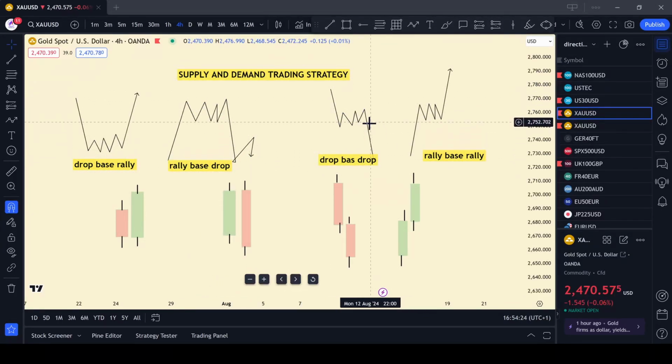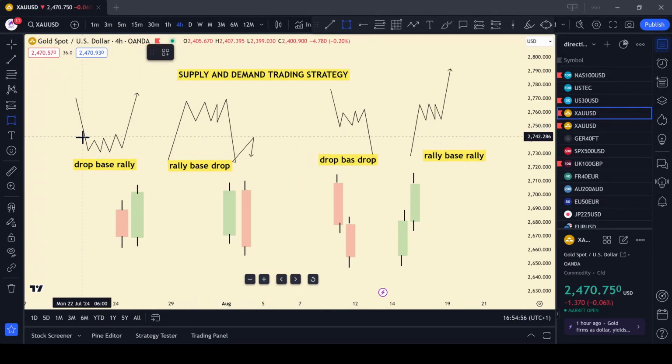Then the next one says drop base drop, a drop down, a consolidation, and a drop down. The last one says rally base rally, a push up, consolidation, and a push up. There's nothing wrong here, I just will show you the flaws in trading supply and demand this way.